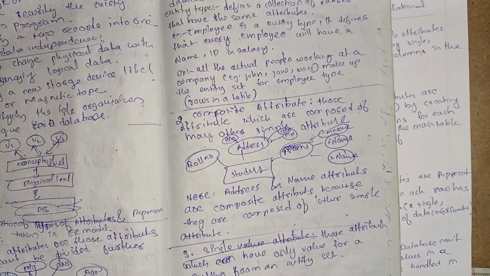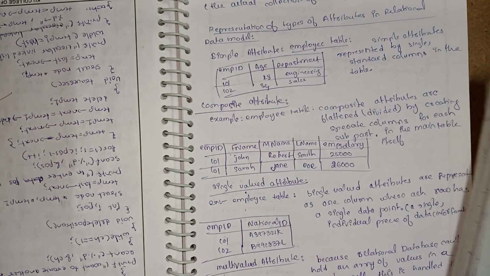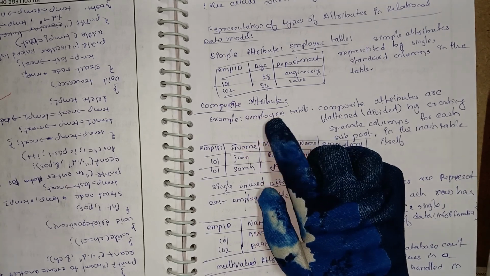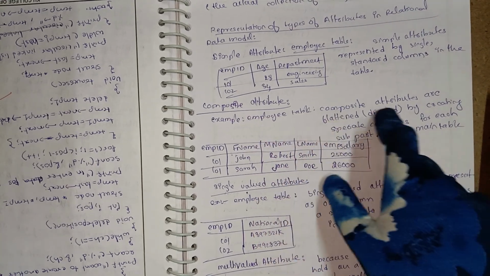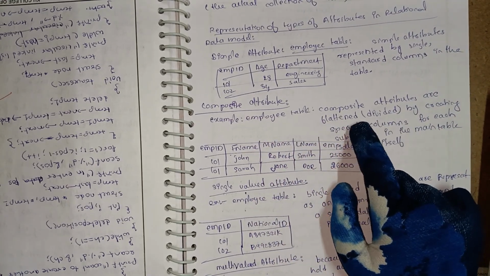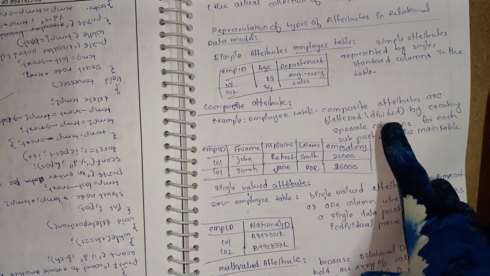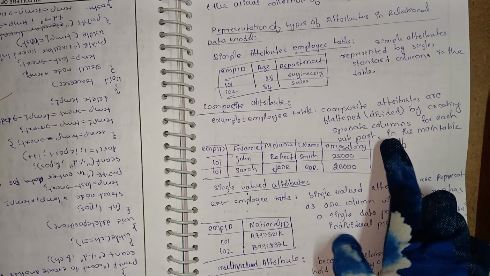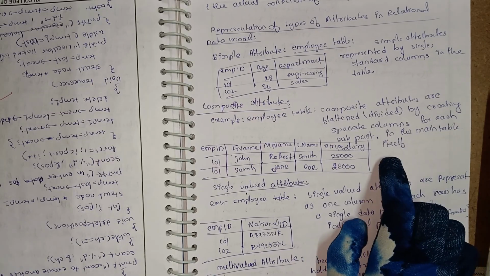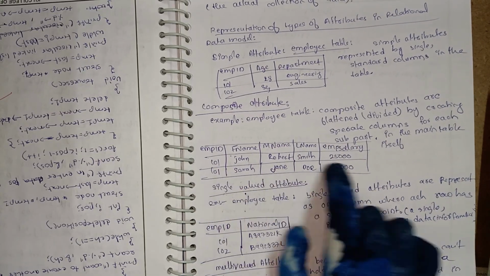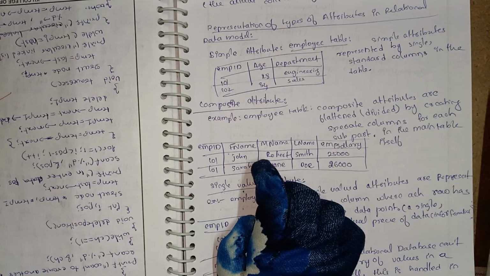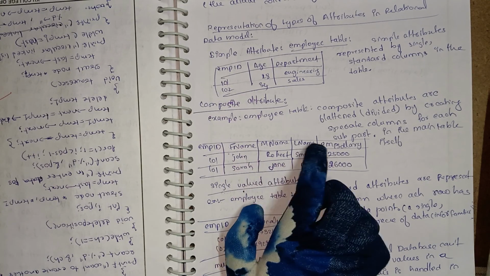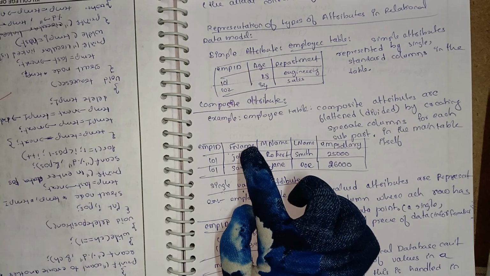Okay, then for the composite attribute in the relational database, for example the employee table, composite attributes are flattened, means divided, by creating separate columns for each subpart in the main table itself. So in the main table itself, these are the composite attributes.